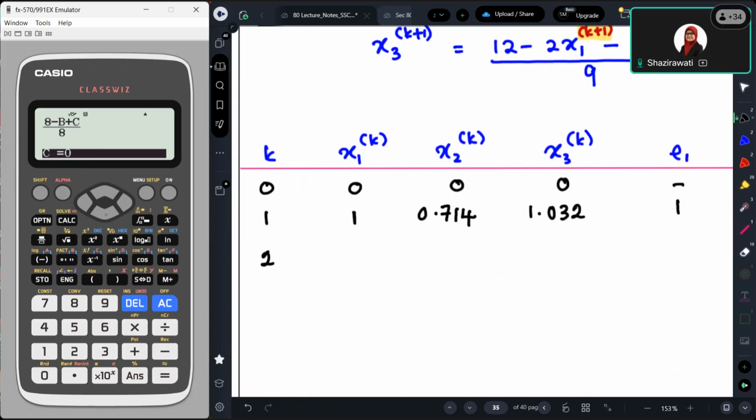Sebab C yang sebelumnya adalah 1.032. Okay, so that you have 1.0 3 decimals jadi 4. 1.04.